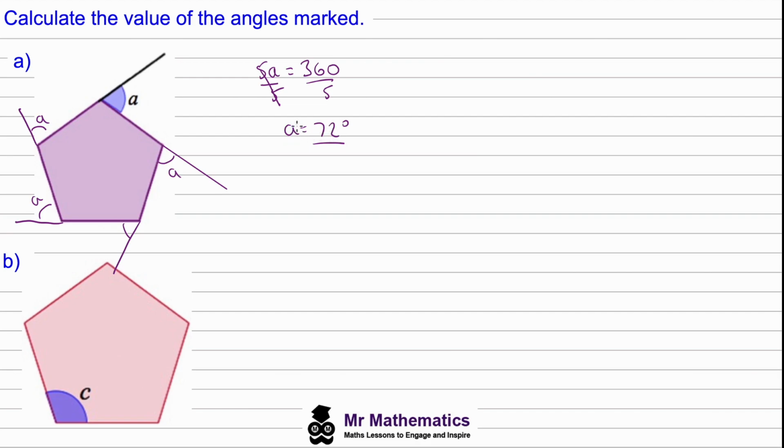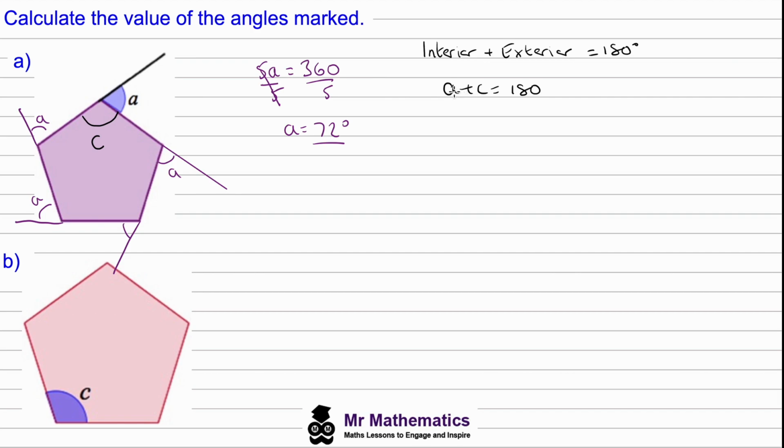And if we know the exterior angle, we can calculate the interior, so this angle here, which is the same as angle C in question B. We can see that angle A, the exterior angle, plus the interior angle, add together to make a straight line. So if we make a note of this, then we can work out angle C because A plus C will equal 180.